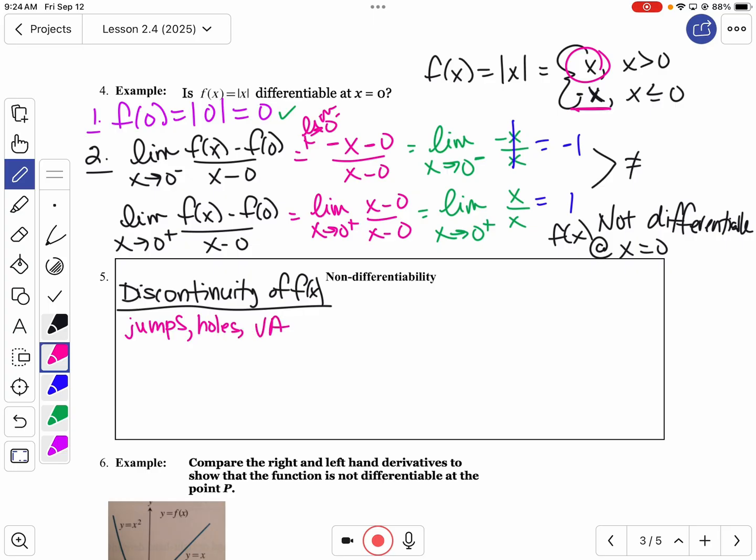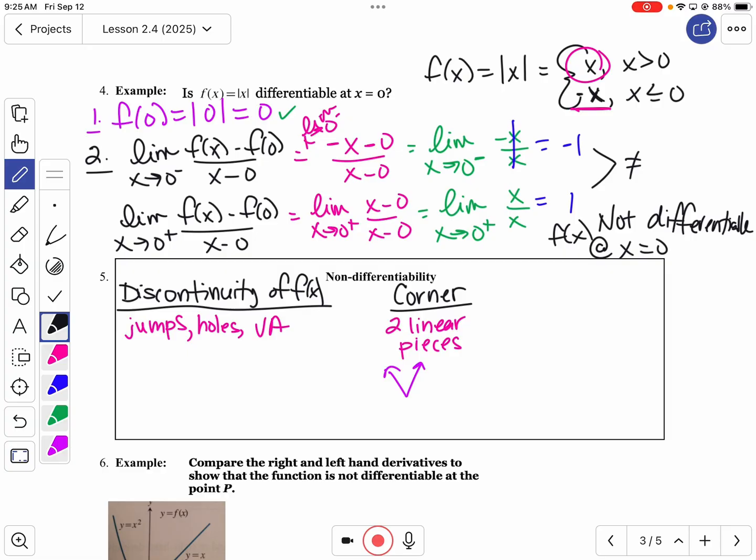A function is not going to be differentiable anytime we have any of those things in those places. The second one we talked about were those sharp points, which is the corner. That just means it's linear on both sides. So two linear pieces. That would be like your absolute value coming together.